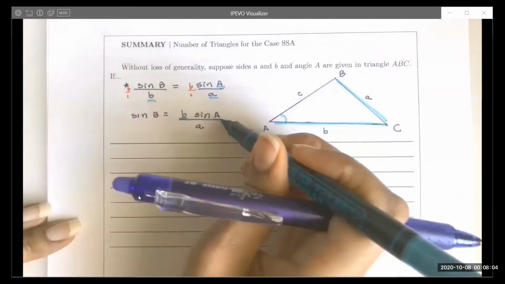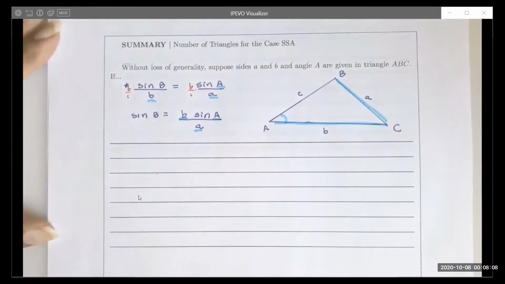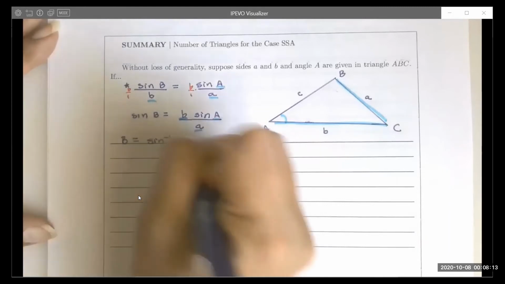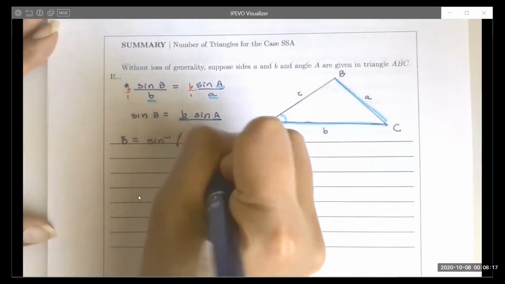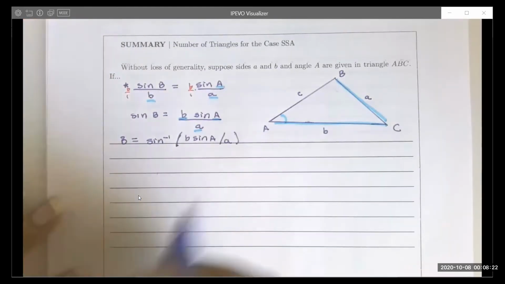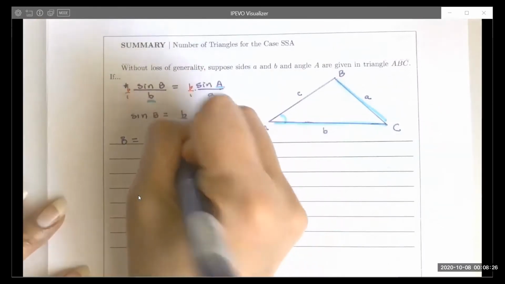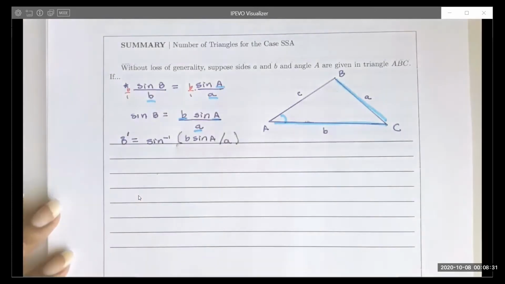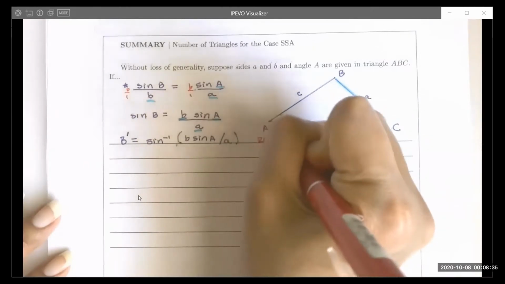We're assuming that we know all of these 3, so we can punch them into the calculator. So we would write this as B equals sine inverse of B times sine of A over A. Now, if you recall, sine inverse on the calculator returns the reference angle. So we're actually going to call this B prime, and remember that this is only the reference angle.